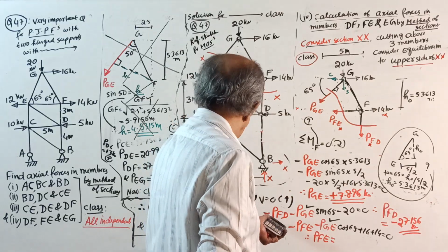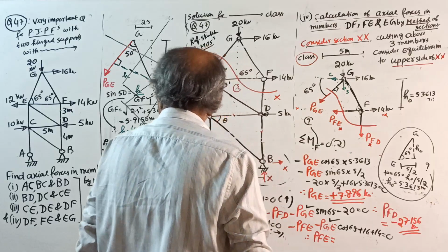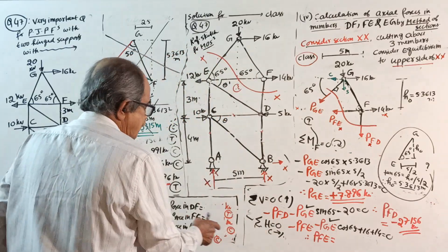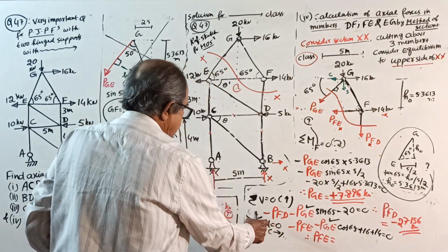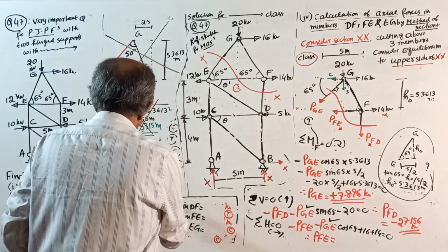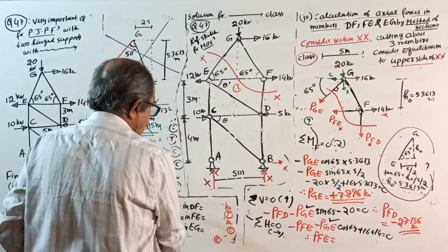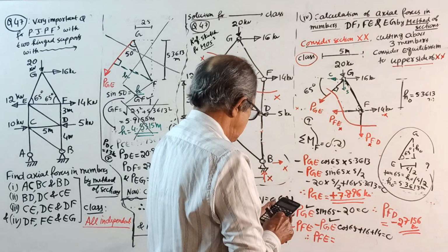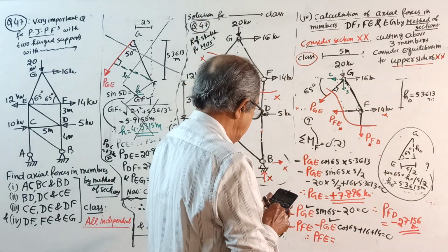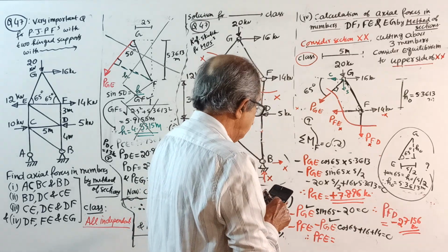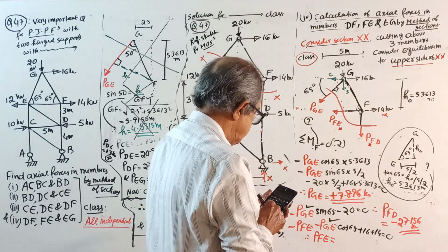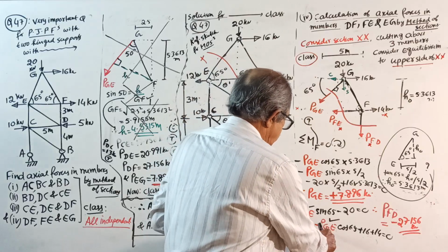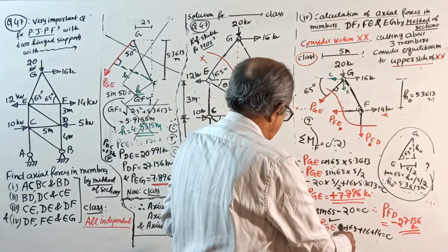Which one? PFD you want. PFD. Oh, PFD is there. PFE is FD over FE. I forgot to write the answer. Okay, no problem. How much is PFE? Minus PGE, that is minus 7.896 into cos of 65. That number is over. Then it is minus, no? Yes, minus.